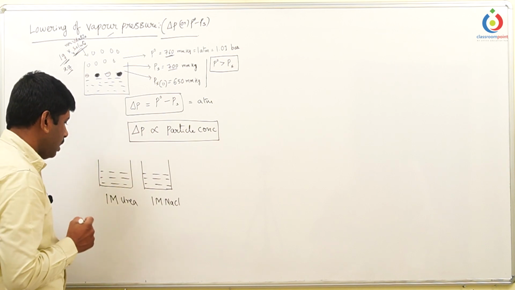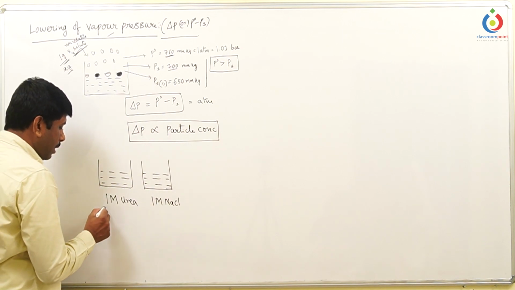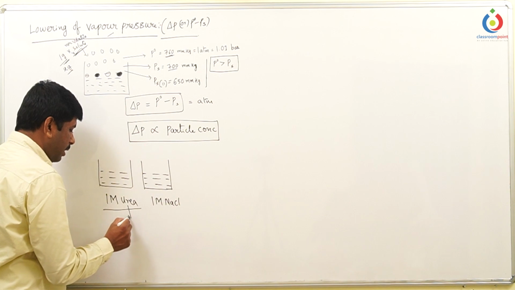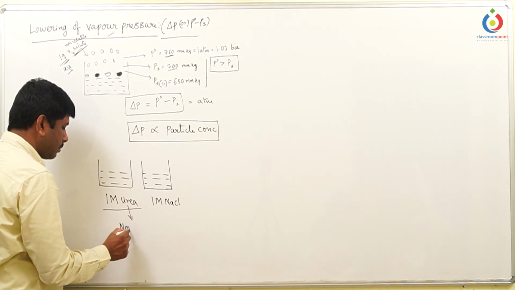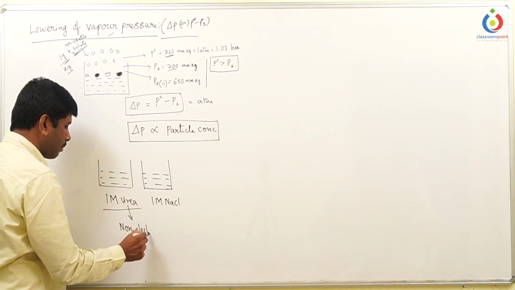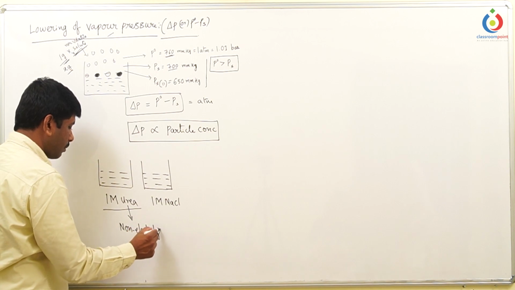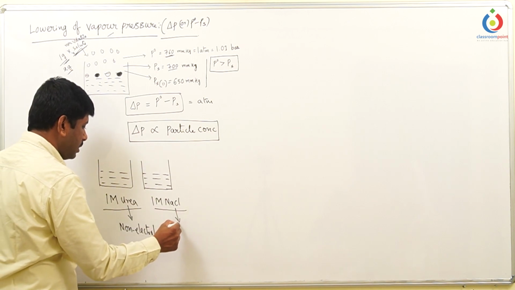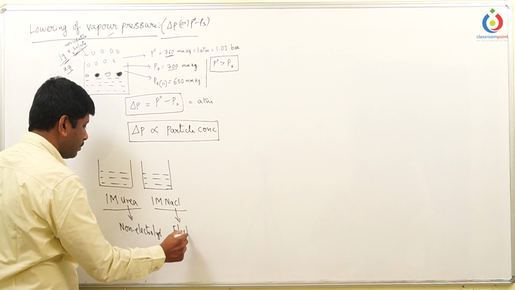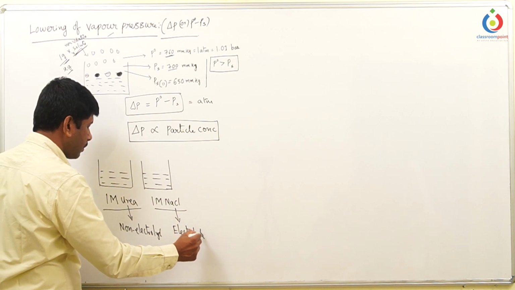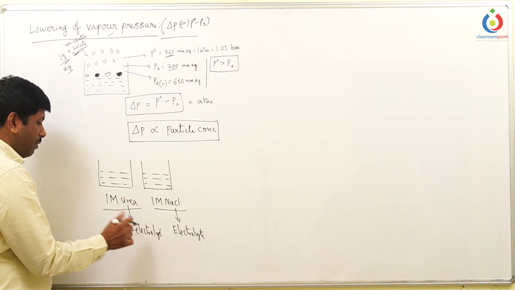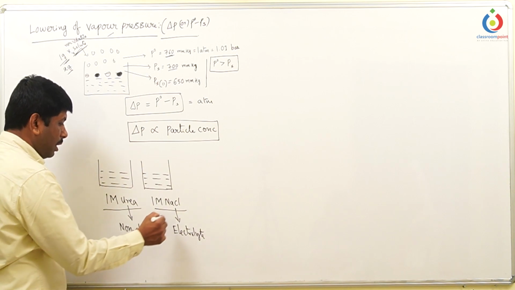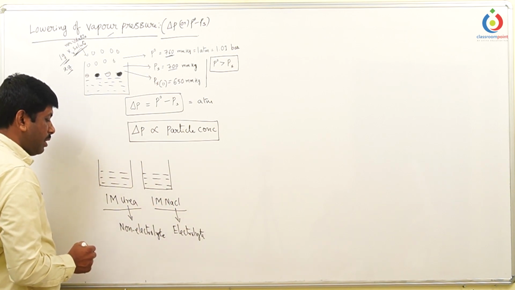It is not. The reason here is, urea is a non-electrolyte, whereas NaCl is an electrolyte. Non-electrolyte means it will not dissociate into ions, whereas electrolyte means it will dissociate into ions.